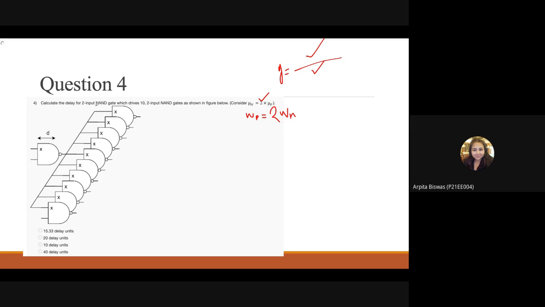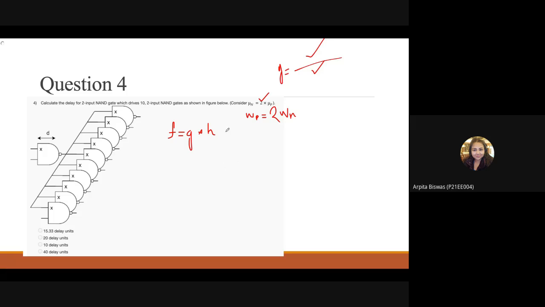So you have to find out the total delay for a two input NAND gate which drives 10, as shown in the figure below. So you have to find out the value of F at first. What is the formula for F? It is G into H. Then you have to find out the parasitic delay.